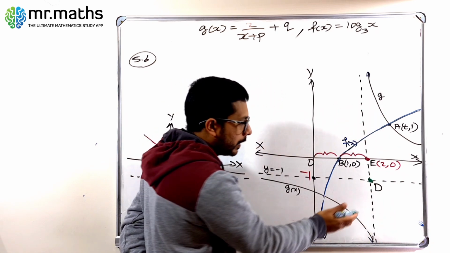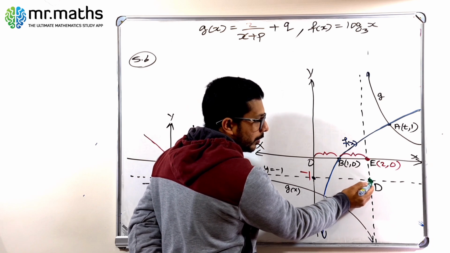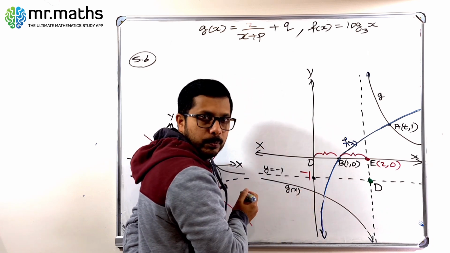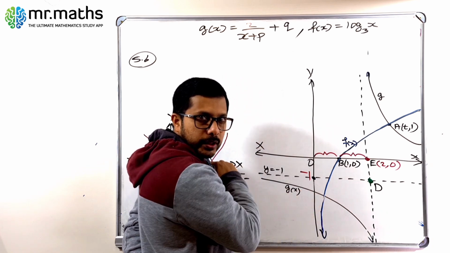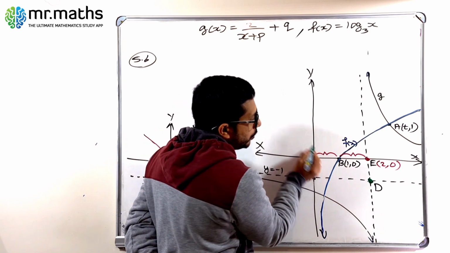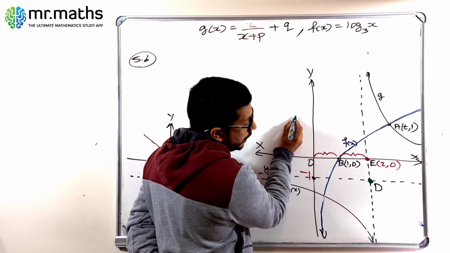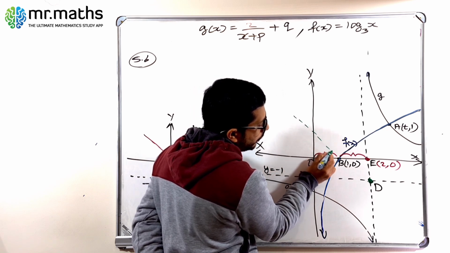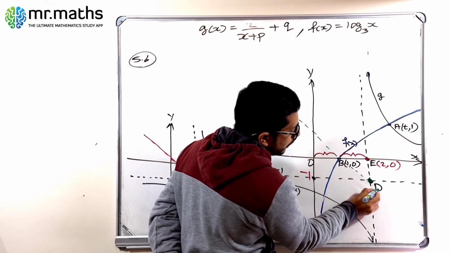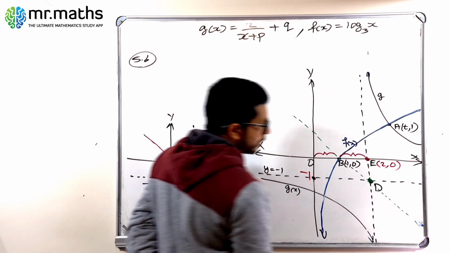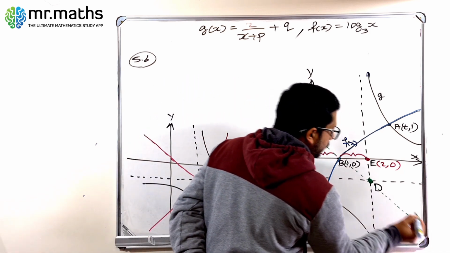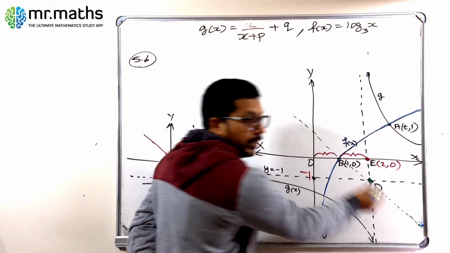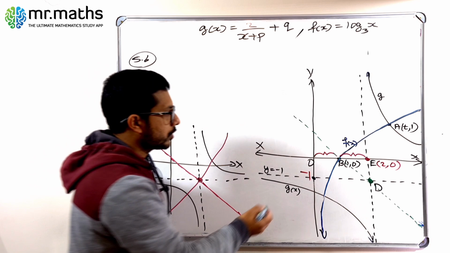Am I right? So the axis of symmetry is supposed to pass through that point. Do you agree? I already explained that one. So there is one having negative gradient. That means there is an axis of symmetry passing like this, and this green dotted line represents the axis of symmetry.